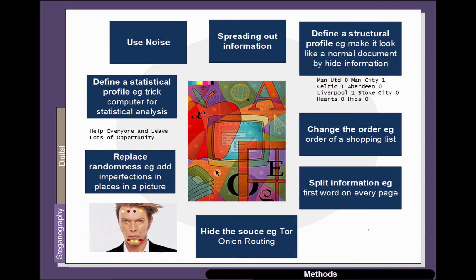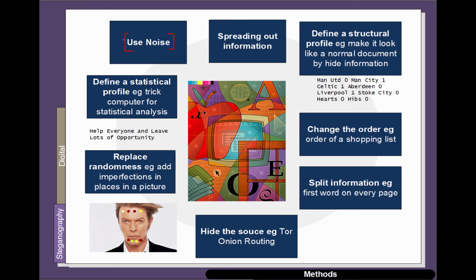So what are some of the methods that we might use for our steganography? Well, one way is to use the noise. Not every little bit in a file has some sort of significant information. There's a whole lot of extra information in a file, and we typically call that noise, not really that important.